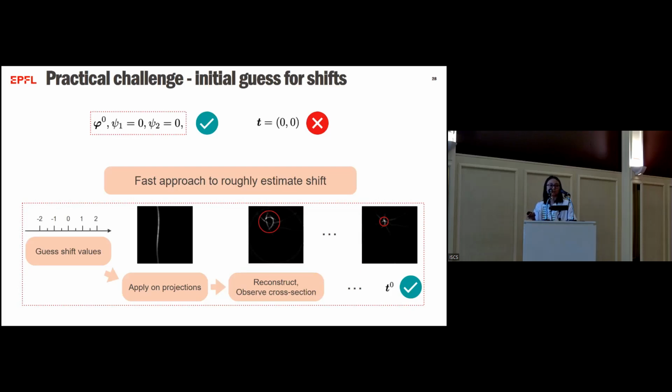It's very similar to the max variance method. We just start from a range of guesses, and then we apply these shifts in the projection image. Then we just reconstruct and observe the cross-section of the image until we see that at some values the reconstruction quality is better. Then we just choose this value as a rough guess for the shifts.